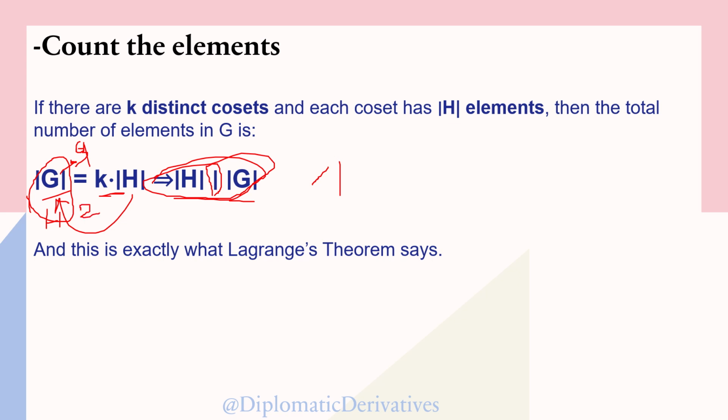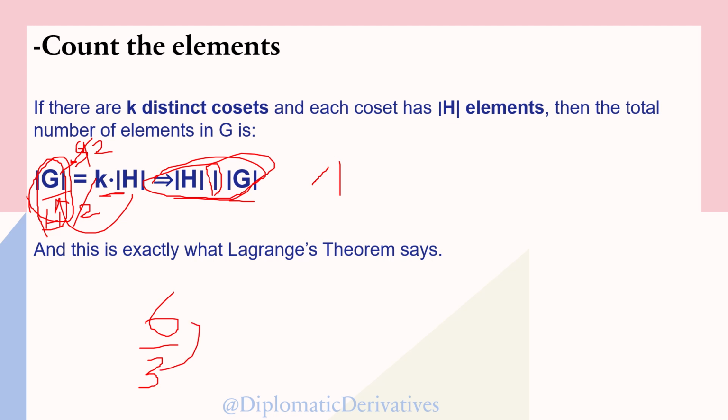So 4 divided by 2 gives us the value of k as 2. So H is completely dividing the order of G. Or you can have the order of G as 6 and the order of H as 3. So they completely divide.